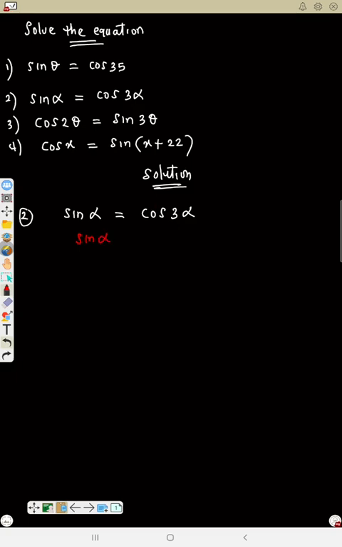You are still going to use sine theta equals cos 90 minus theta. Because it's not theta, we have alpha. That means I can change it to sine alpha equals cos 90 minus alpha. So you use the angle you have in the question.